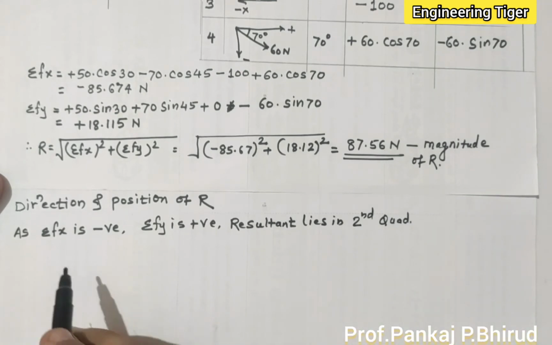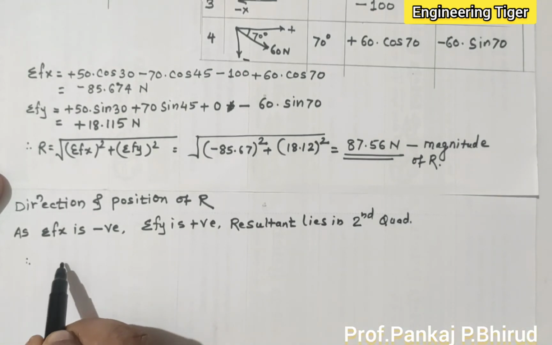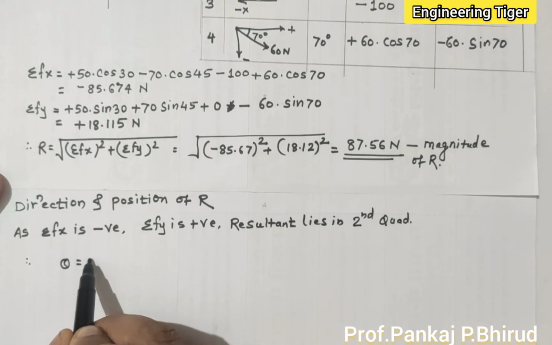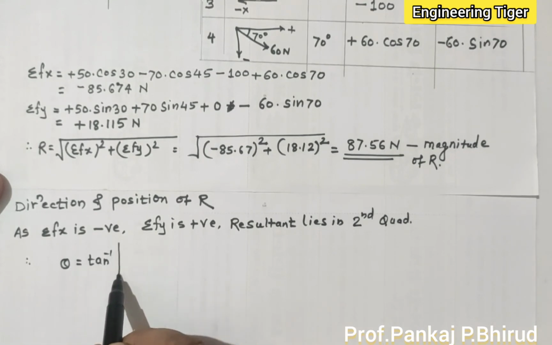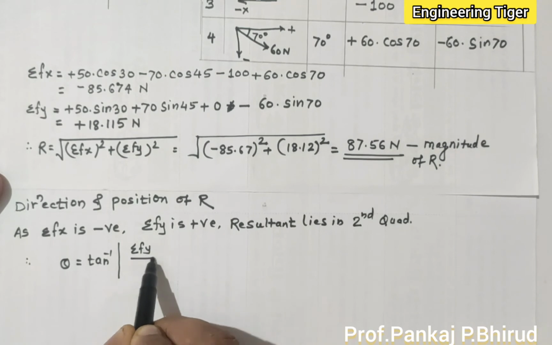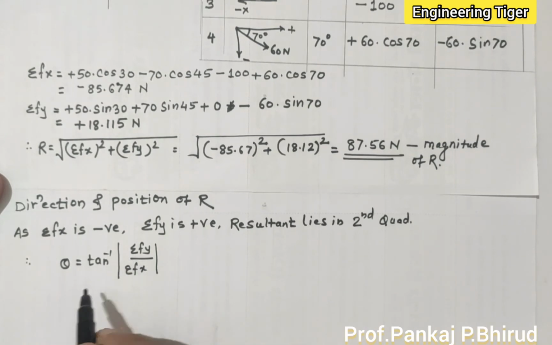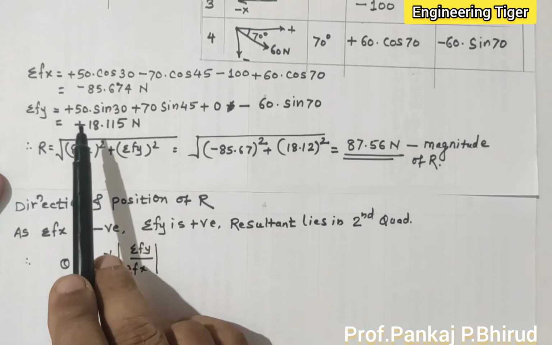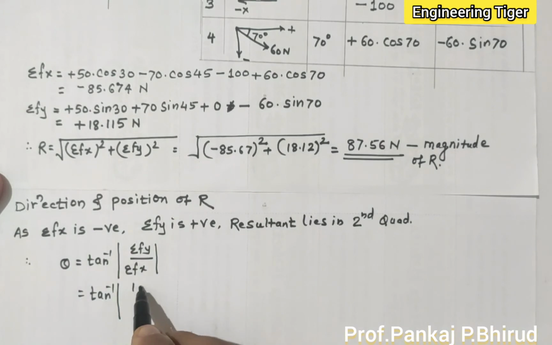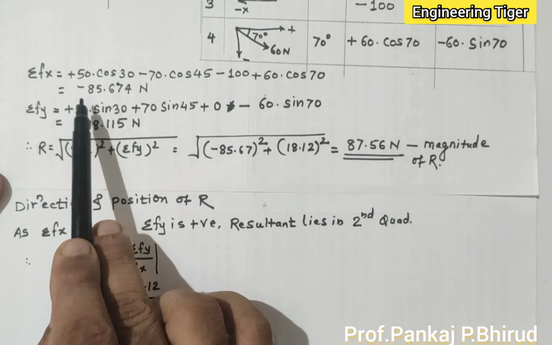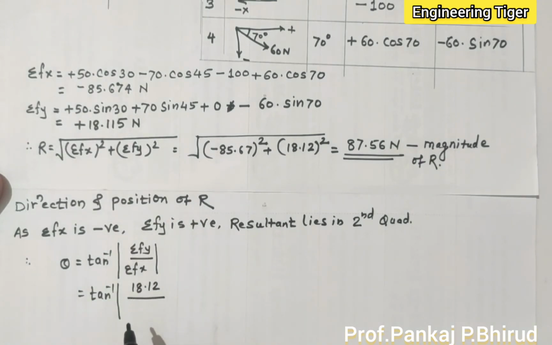Okay, so let us find theta, that means its direction. Theta equals tan inverse of the mod of sigma Fy upon sigma Fx. Here we have taken the mod, so if the value comes negative, consider it as positive. So it is tan inverse of sigma Fy, 18.12, upon sigma Fx, minus 85.67.